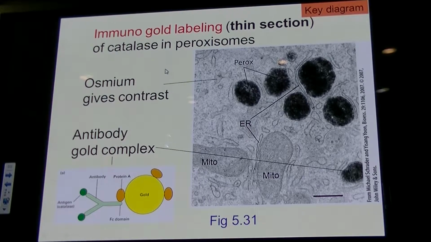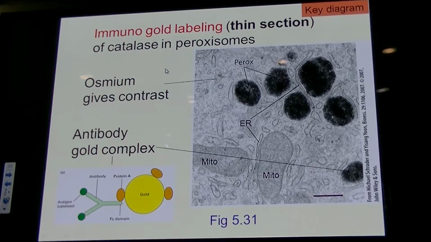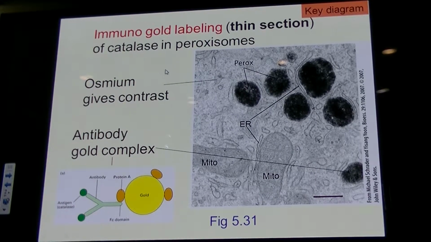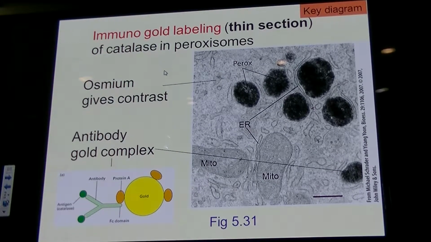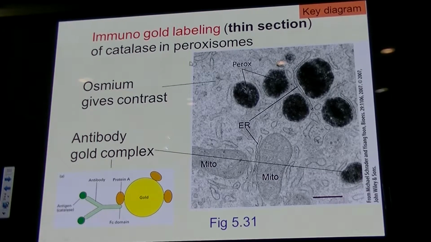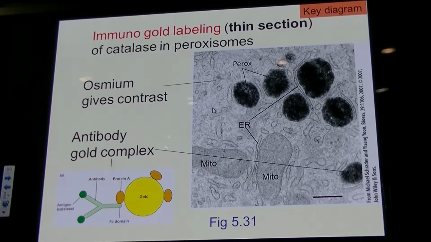Okay, so immunogold labeling is a method to combine with these thin sections. It's used for looking in high resolution where structures, specific molecules are within cells. Keep in mind that actually the size of the antibody is such that we cannot really see exactly the location of the catalase.